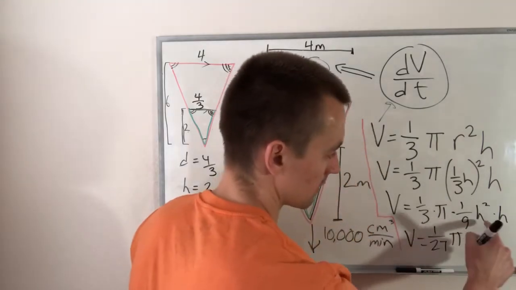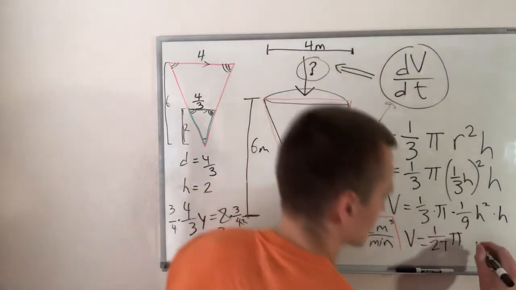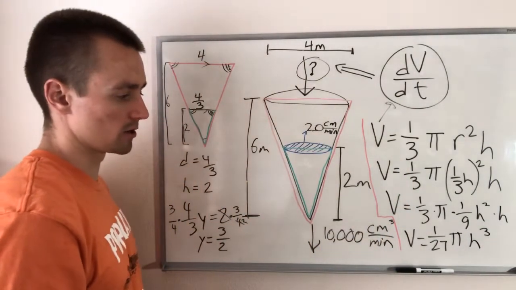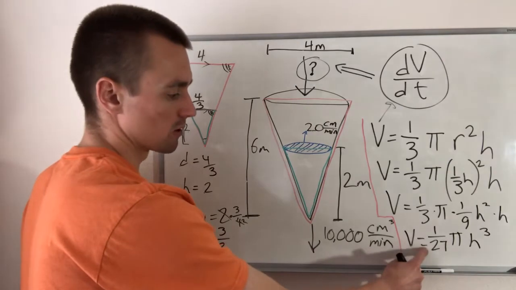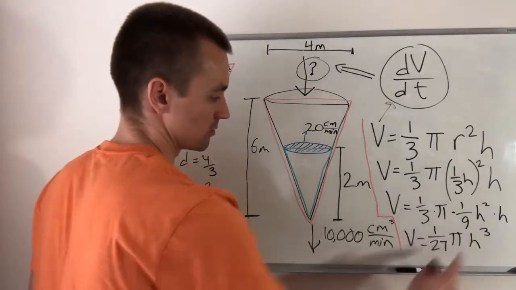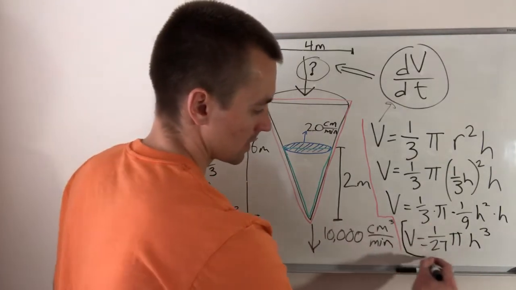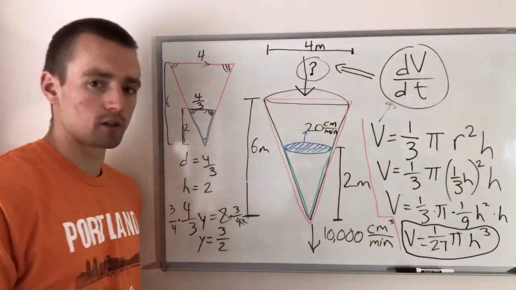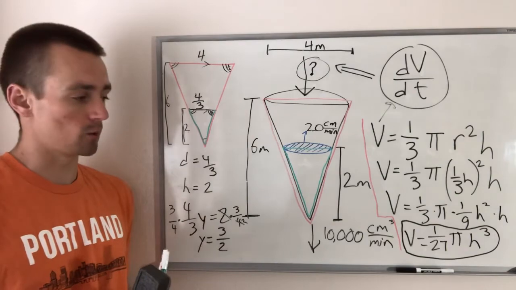Keep our pi there. And then h squared times h will be h cubed. So this will be our equation. V equals 1/27 pi h cubed. So that's it. This is the ideal equation that we want to use based on the information we have.